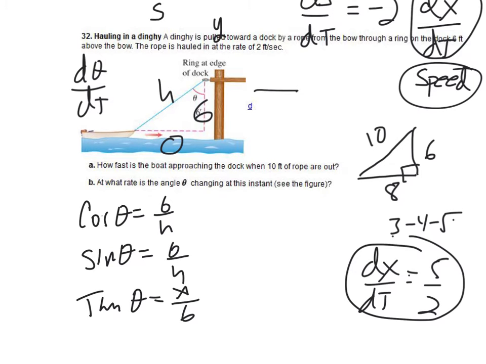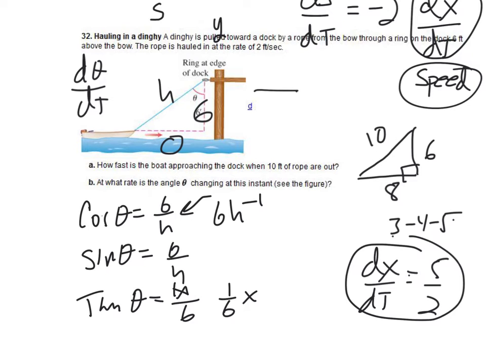Now, to me, with sine or cosine I either have to use the power rule, like 6h to the negative 1, in which case I'll end up with a fraction. I could also think of this one, 1/6 x, and that's pretty easy to take the derivative of. You can get the correct answer using any of these three.